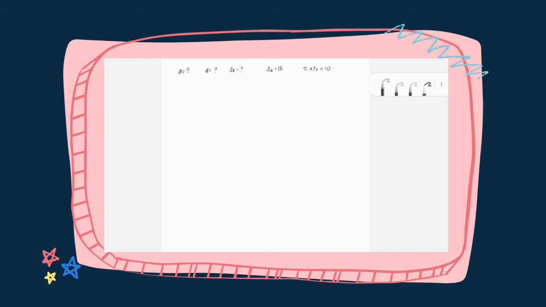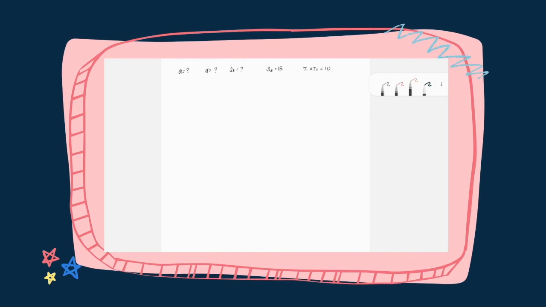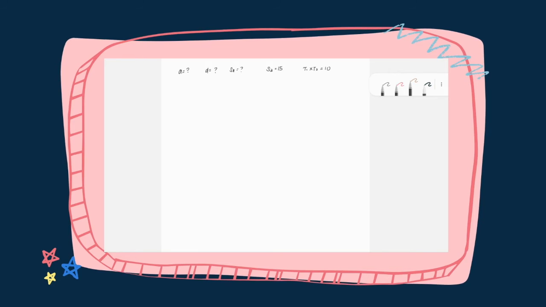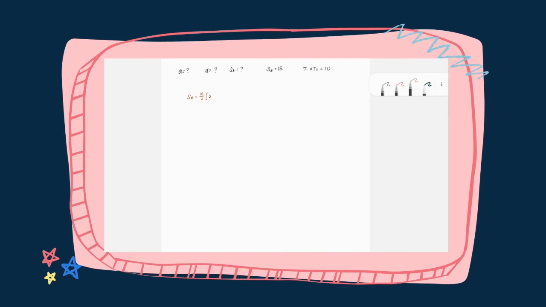First, we know that the formula for the sum of n terms in an arithmetic series is Sn equal to n over 2 multiplied with 2a plus n minus 1 multiplied with d.